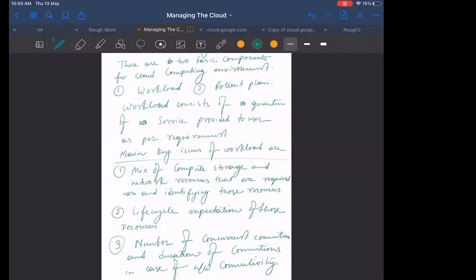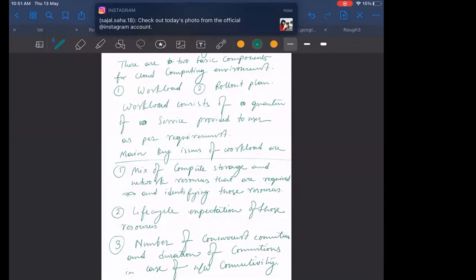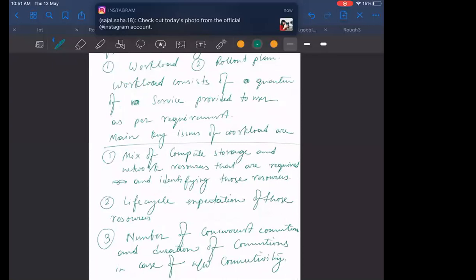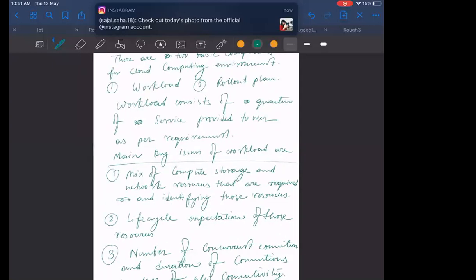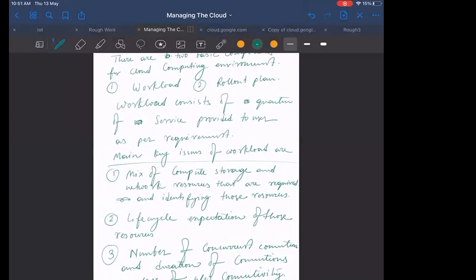Okay, so there are two basic components: one is the workload distribution, another is the rollout plan. Now from the cloud service point of view, I need to check how much workload there is from the customer side, and additionally I need to keep some in reserve so that later on, if the customer increases its demands, I am in a position to handle it.